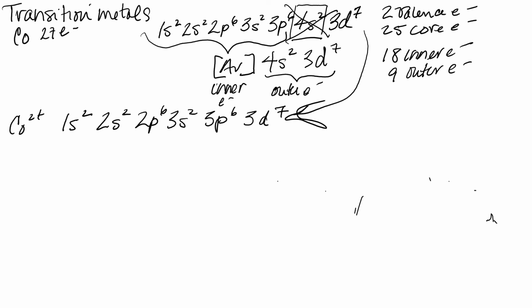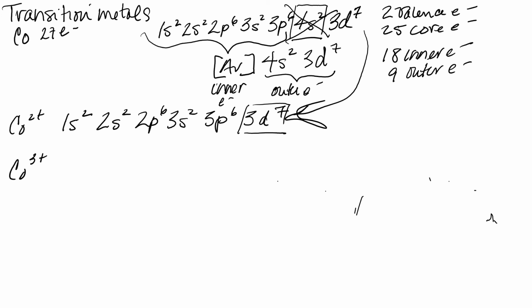Okay, these electrons were lost, the valence electrons. Now, when the 3+ ion is formed, we lose an additional electron, and that comes out of the 3d subshell because it is now the highest level of energy.